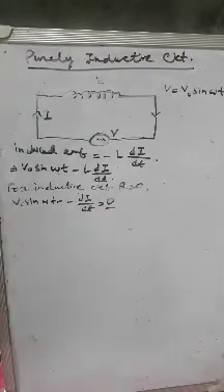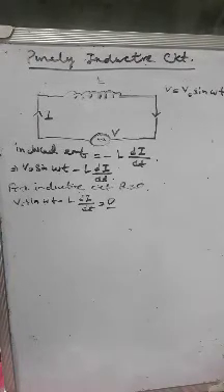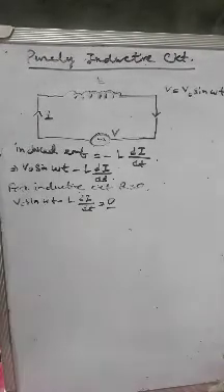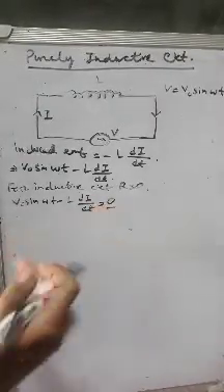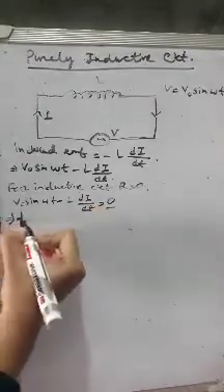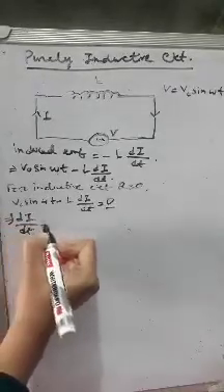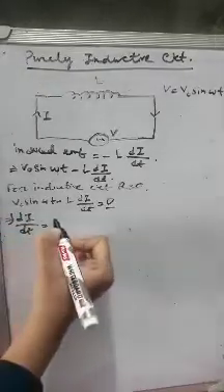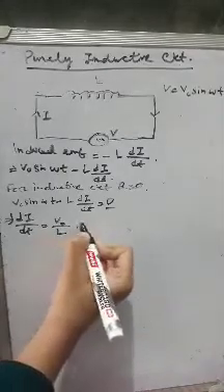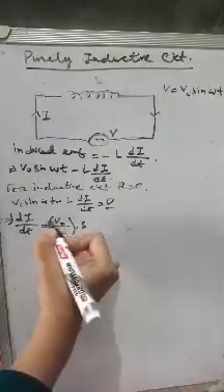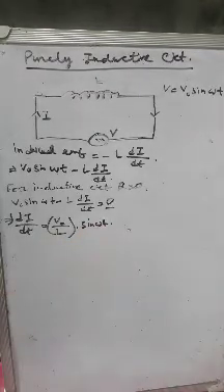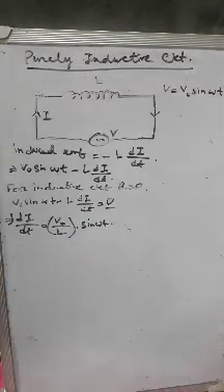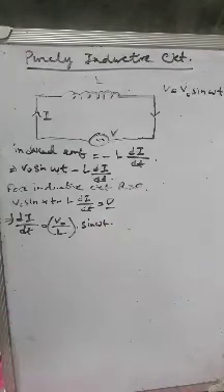So we can place it mathematically. Put di in the LHS part and all other things in the RHS part. So your di by dt equals V naught by L sine omega t. We can write this, when the inductive circuit has got no resistance.